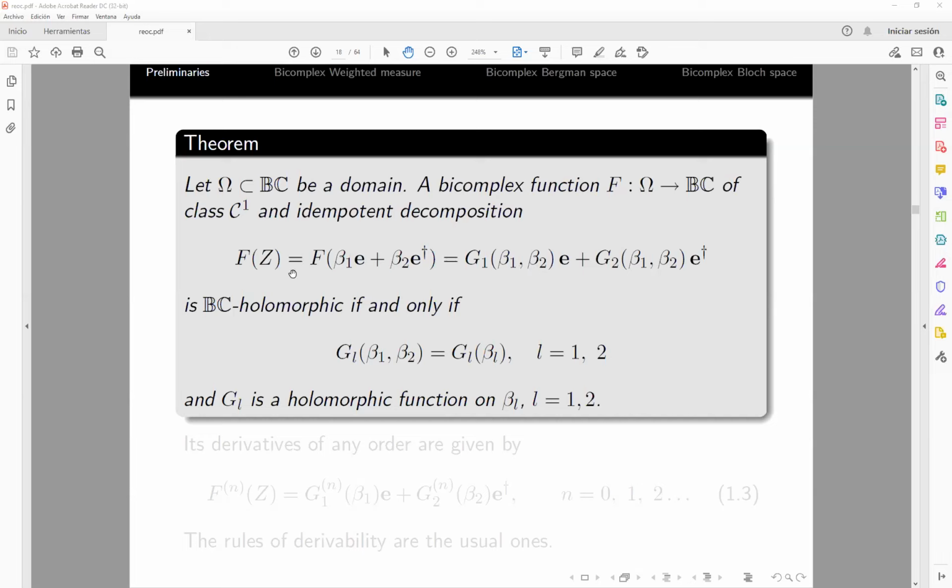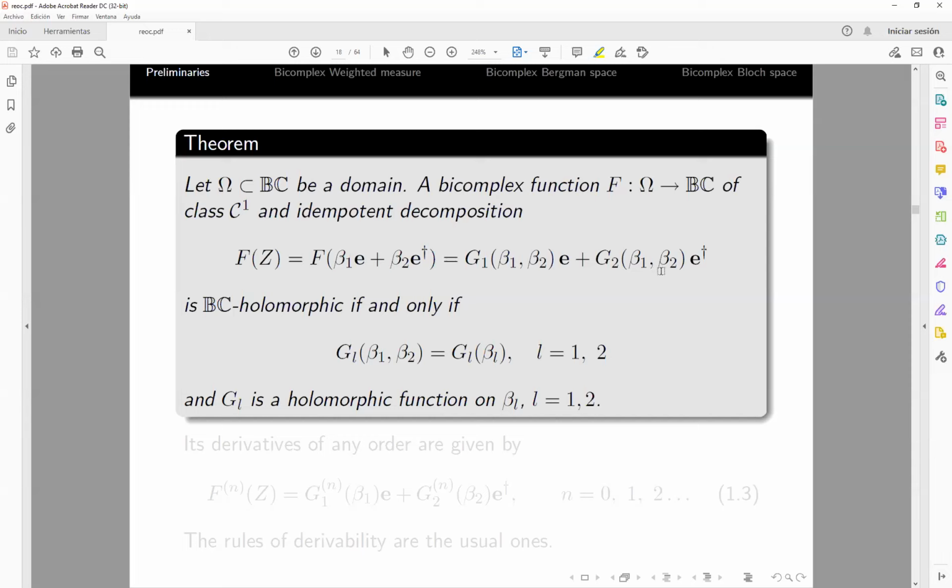Then this function is bicomplex holomorphic if and only if we can forget the second variable here. For instance, f is bicomplex holomorphic if G1 depends only on beta 1 and depends holomorphically, and G2 depends only on beta 2 and is a holomorphic function of beta 2.